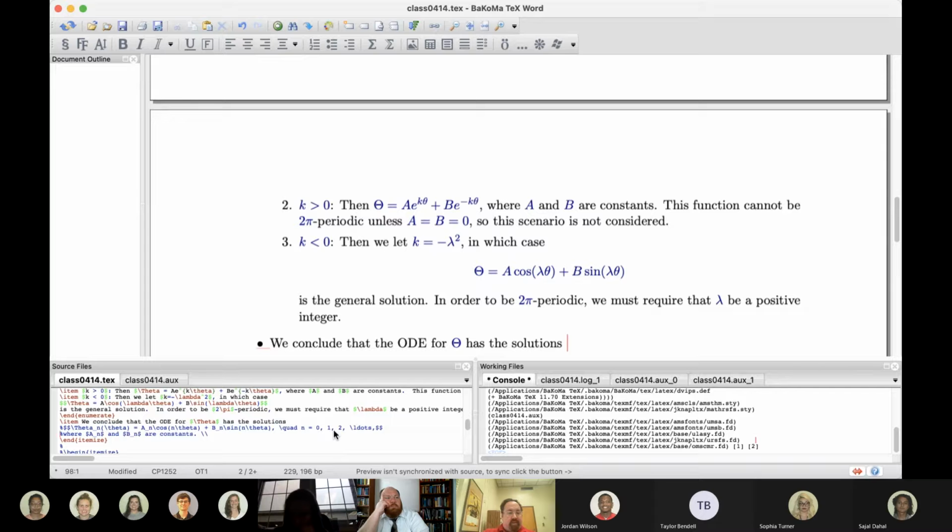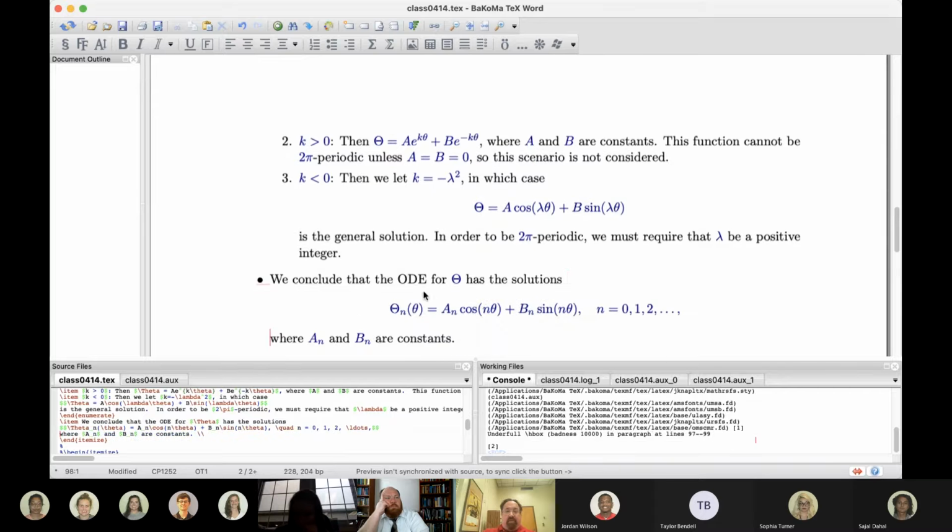So when we put all of that together, for our ODE for capital Theta we have a family of solutions, all of this form, where n equals 0, 1, 2, and so on. n equal to 0 is a possibility, in which case this would be 1 and this would be 0, so we would just have a constant. So that is allowed.